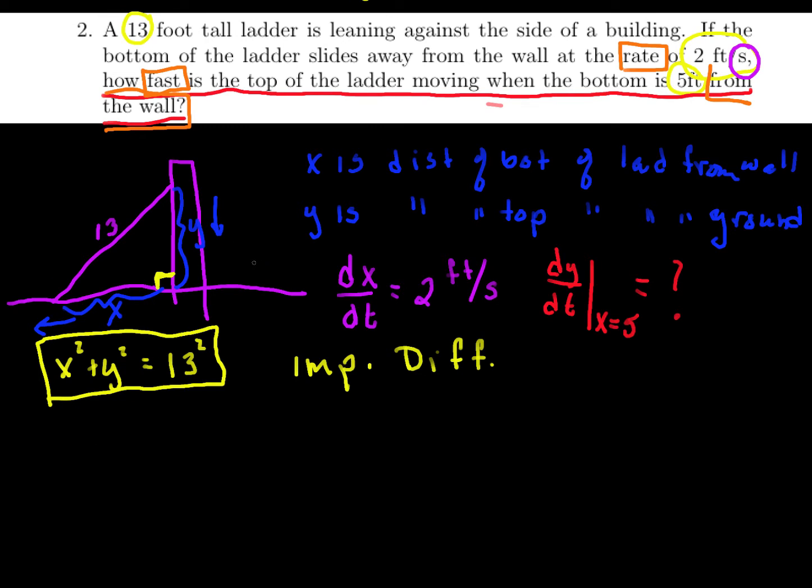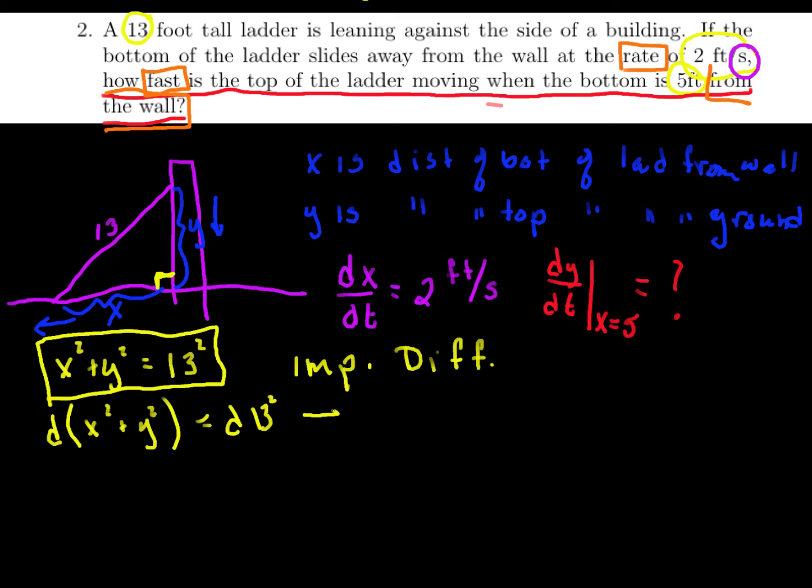So using implicit differentiation, I know that the differential of x squared plus y squared has to equal the differential of 13 squared. And notice I'm not even squaring out 13 squared because I know the differential of any constant is 0.